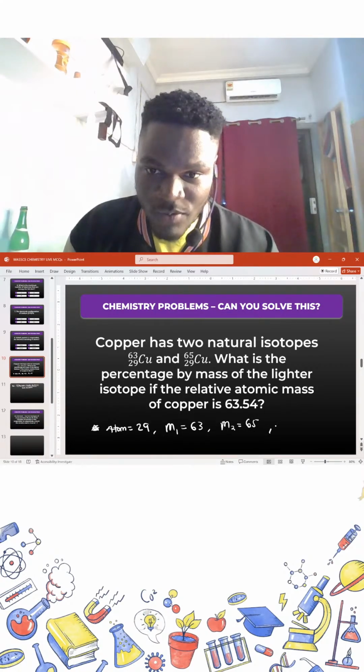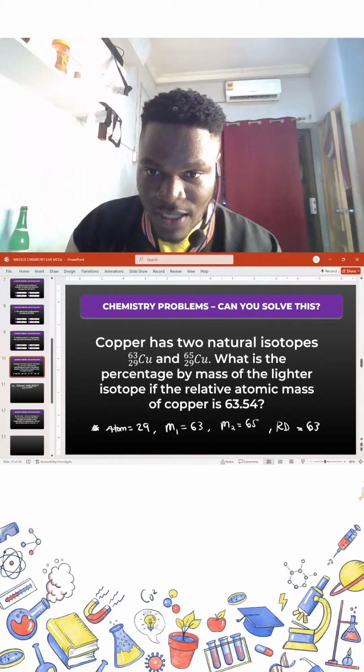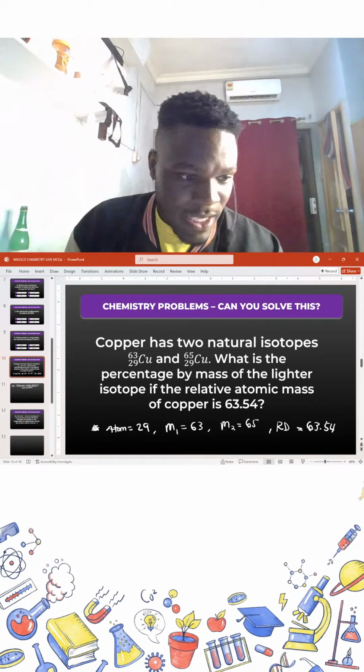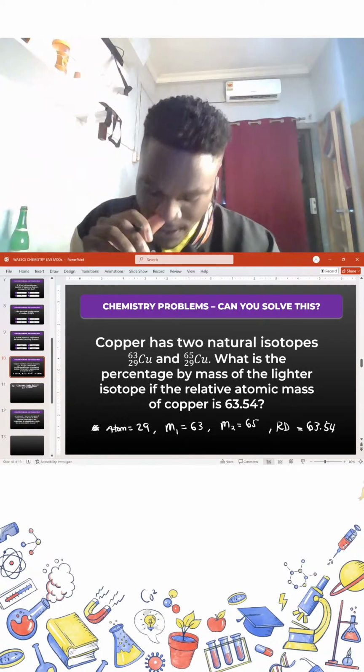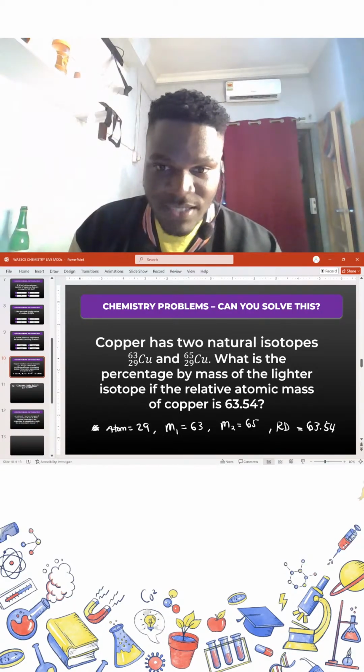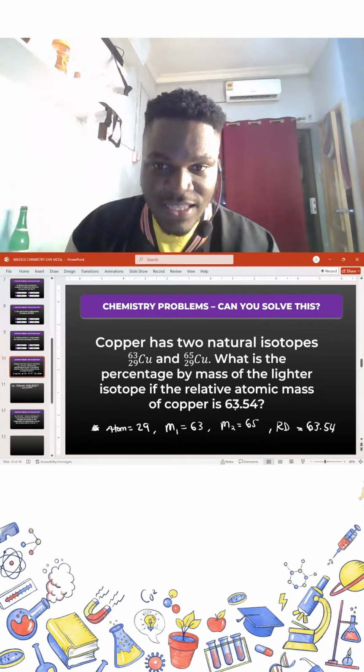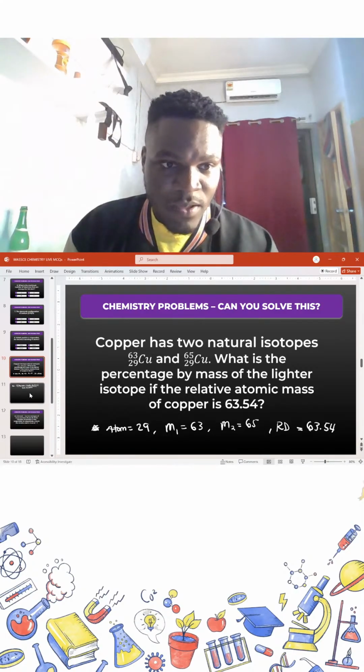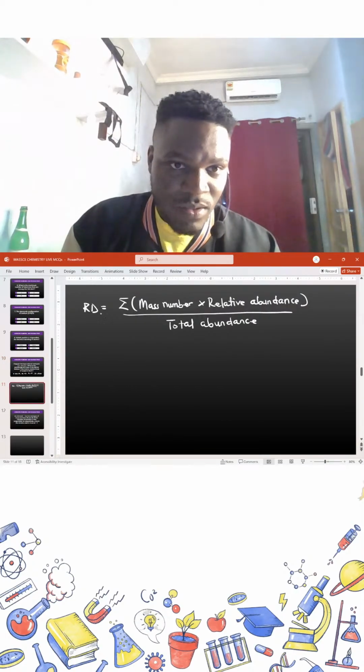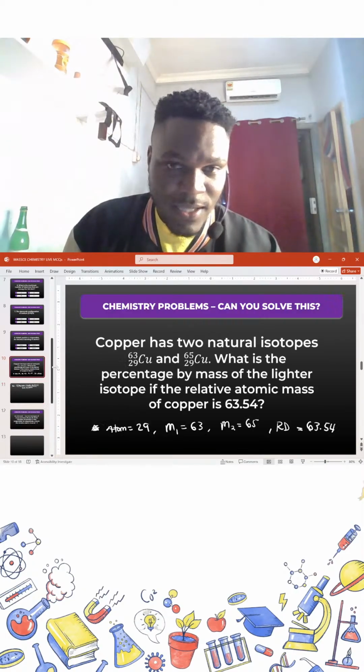Now we've been given the relative atomic mass of copper to be 63.54. It means they have already done the calculation for the relative atomic mass for copper and have given us 63.54. So my RD over here is 63.54.